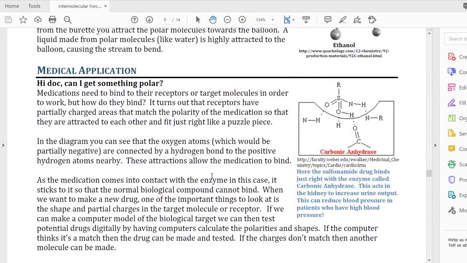Wherever we're having this medication work, we need to look at the polarity, because remember, negative and negative repel each other. So if it was a negative receptor, we wouldn't want our medication to have a negative polarity. We want to have a positive one so that they will bind. Okay, and so they will always think about that as they're making their drugs.